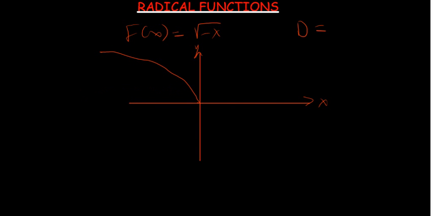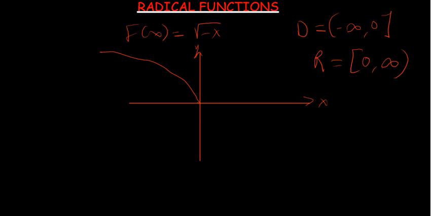So it is from negative infinity up to 0. We are including 0, but we don't include negative infinity. And then the range of values, we are starting from here going upwards. Those are the y values which are permitted for this function. Therefore, the range is from 0 up to infinity. So that is for such a function.